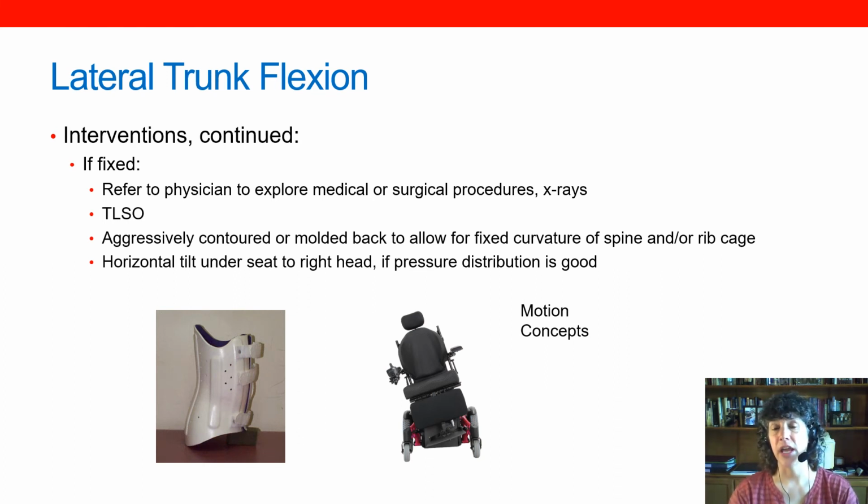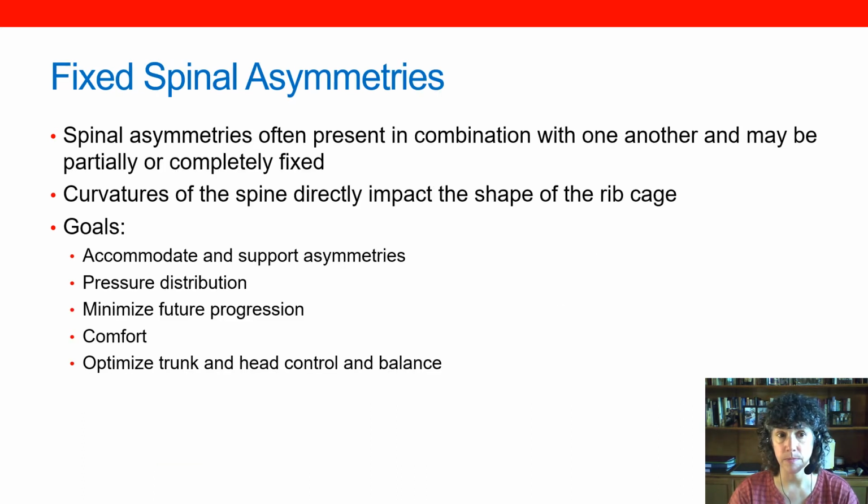Someone who has a significant fixed lateral trunk flexion most likely has a fixed pelvic obliquity. So now we need to balance out allowing the client to have an upright and midline head and not have too much pressure under one of the ischial tuberosities. And this is where molded seating is often indicated.